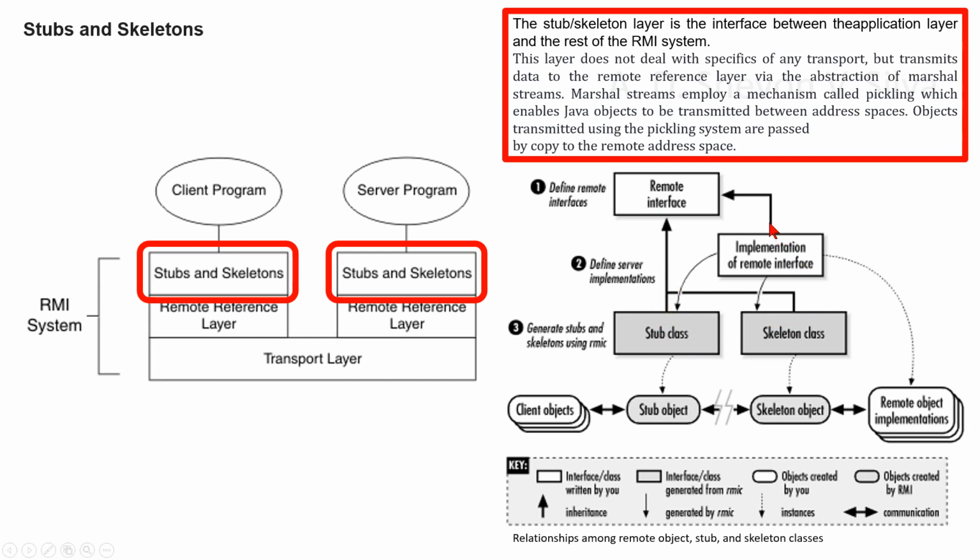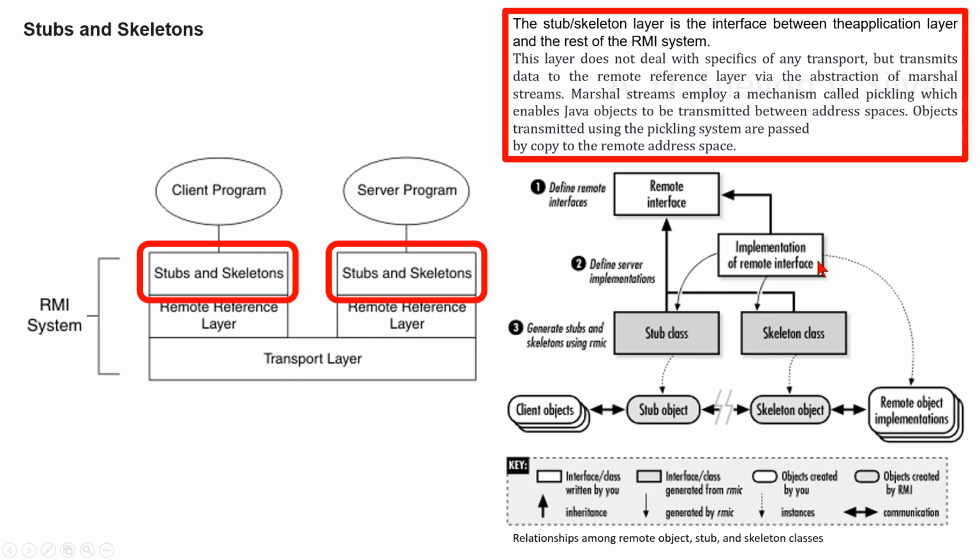Here the implementation of the remote interface is connected to the remote interface. Here you can see the inheritance line, and here the implementation of the remote interface is connected to the stub and skeleton classes. Here you can see the "generated by RMIC" arrow.